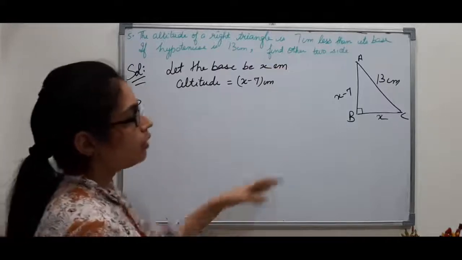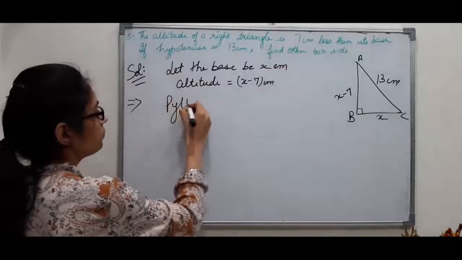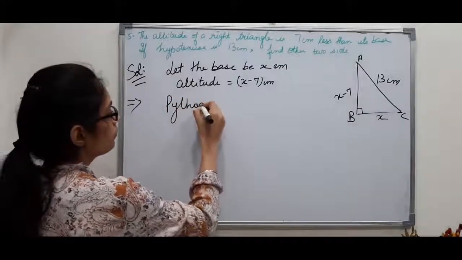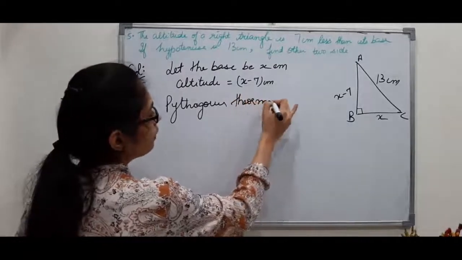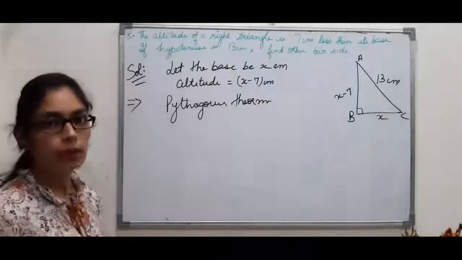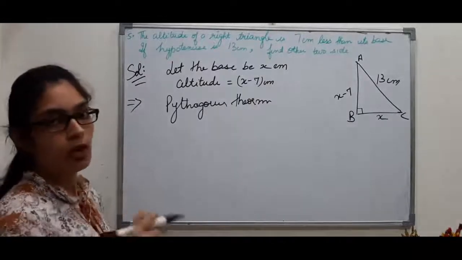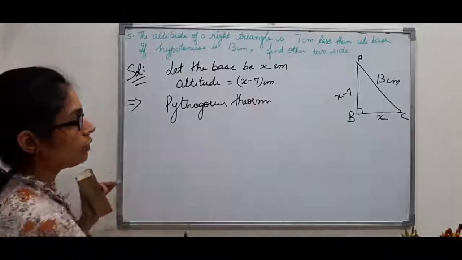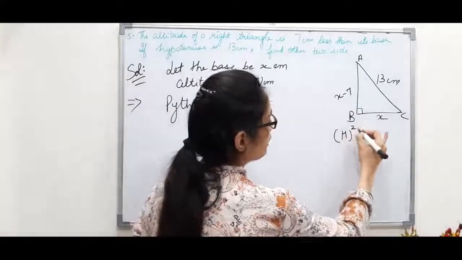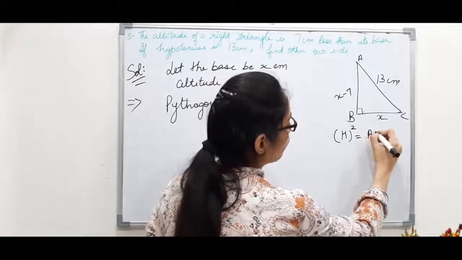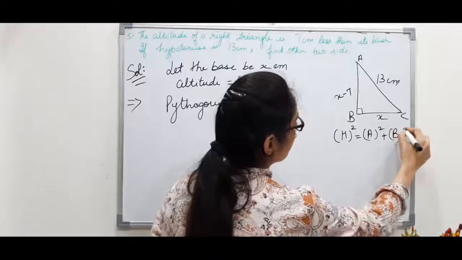Now here for the right triangle we will use the Pythagoras theorem. We will use the Pythagoras theorem to form the quadratic equation, and then we will find the solution of that quadratic equation. So according to the Pythagoras theorem, hypotenuse square equals altitude square or perpendicular square plus base square.